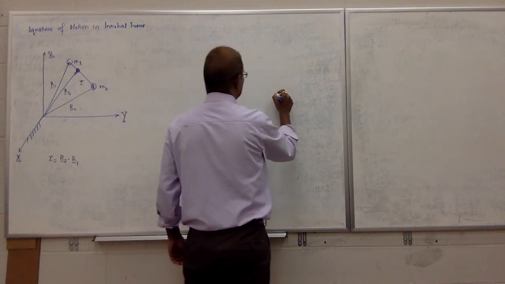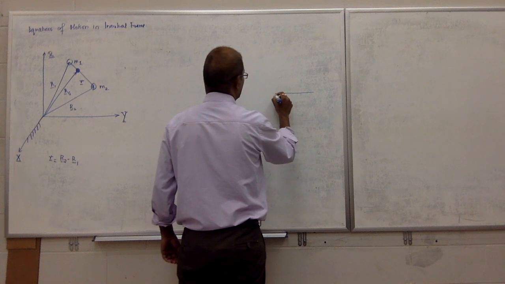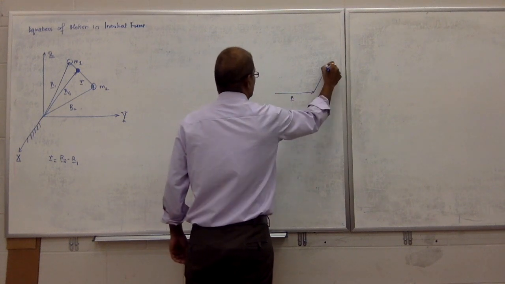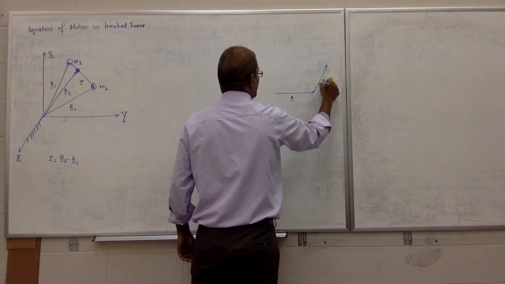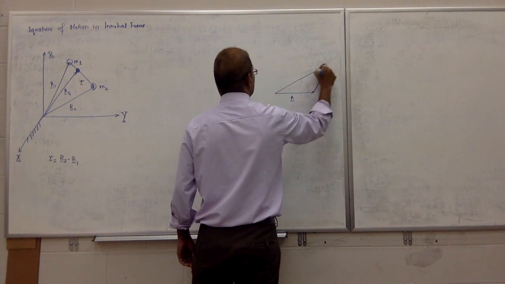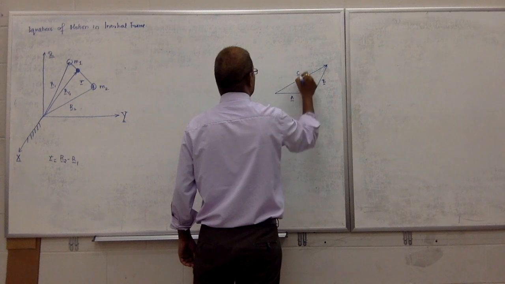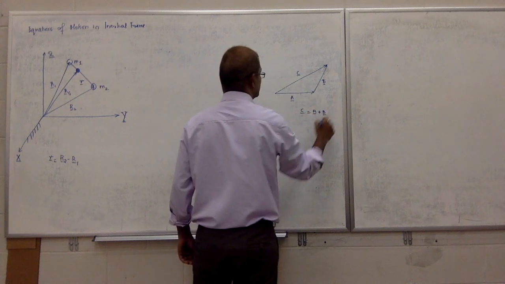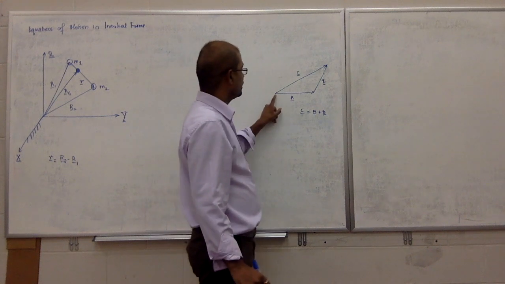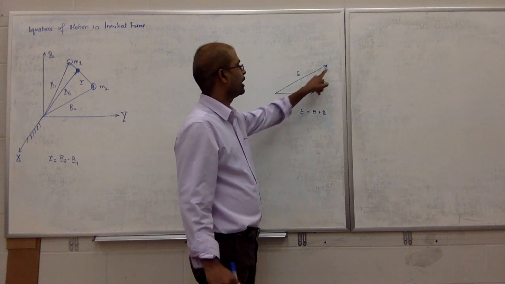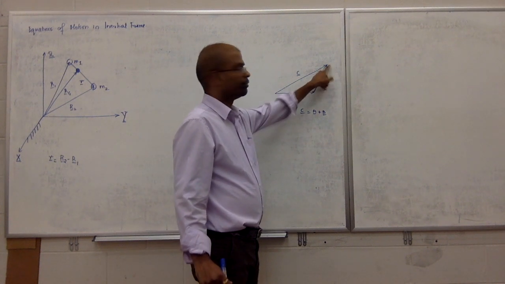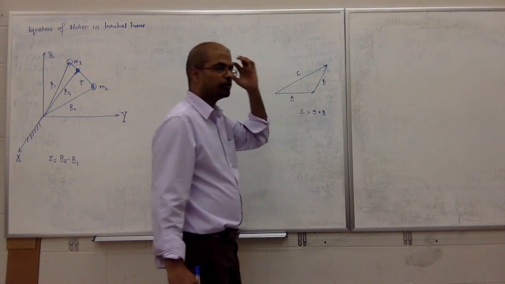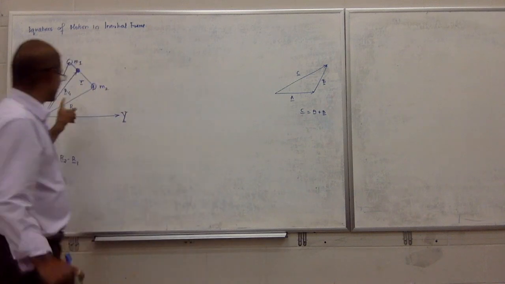If you have vector A and vector B, and this is vector C, then C is A plus B. The tail of the first vector and the head of the second vector makes the third vector C. That's exactly what is happening.